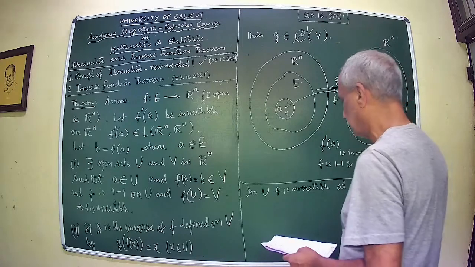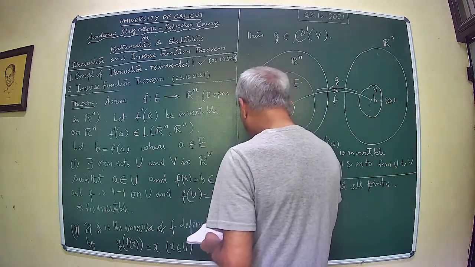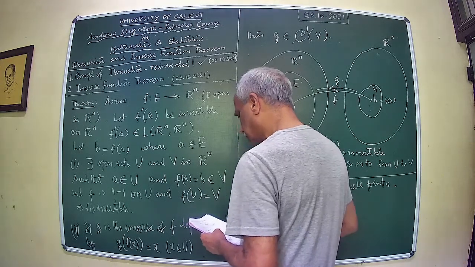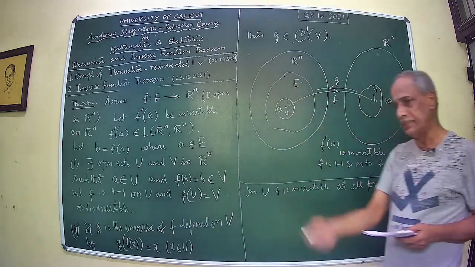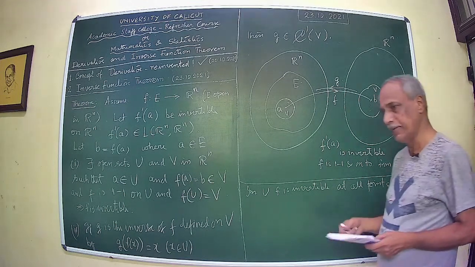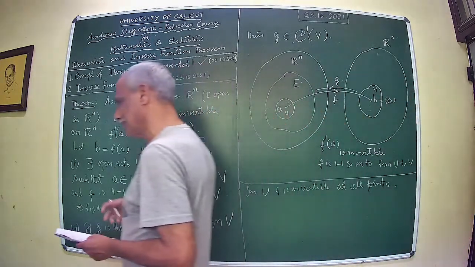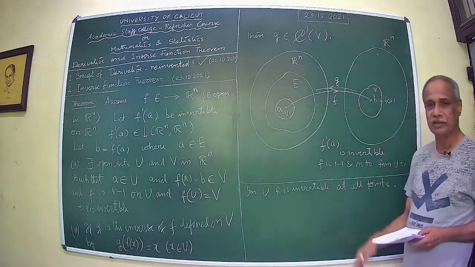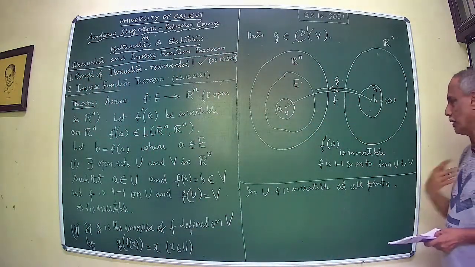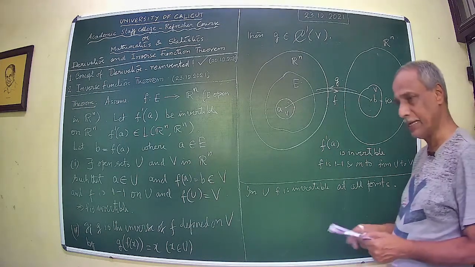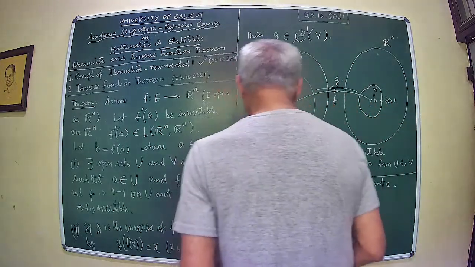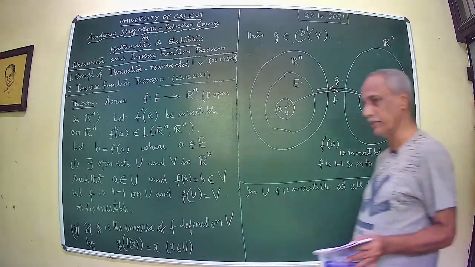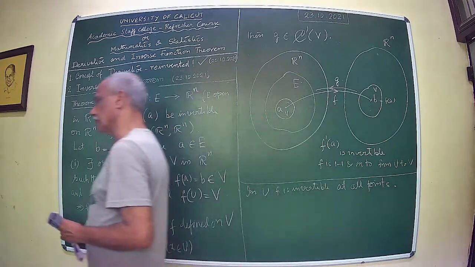How do you work on this? I will just outline the proof. I am not going into the details; there are a lot of things to be worked out. You can go to my channel where I have spent several lectures on the proof of this theorem, and that will give you a lot of insight into working on this kind of scenario. But I don't have time here to do that. So I suggest you go to my channel and have a look at the proof of the inverse function theorem.